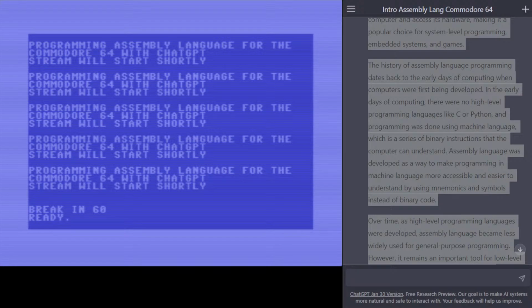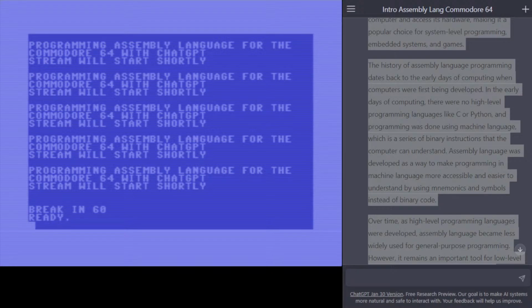In the early days, there were no high-level programming languages like C or Python, and programming was done using machine language, which is a series of binary instructions that the computer can understand. Assembly language was developed as a way to make programming in machine language more accessible and easier to understand by using mnemonics and symbols instead of binary code.